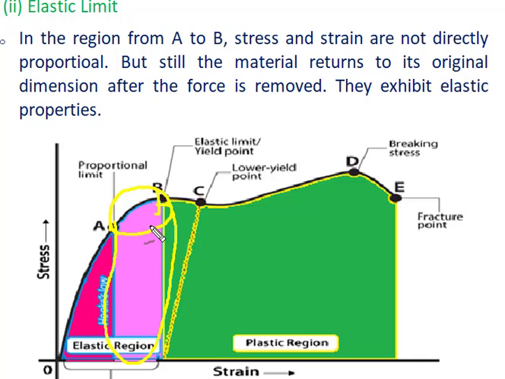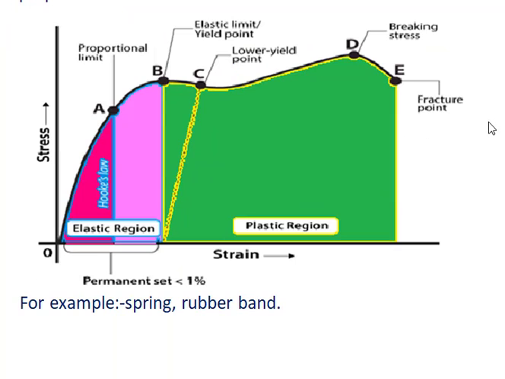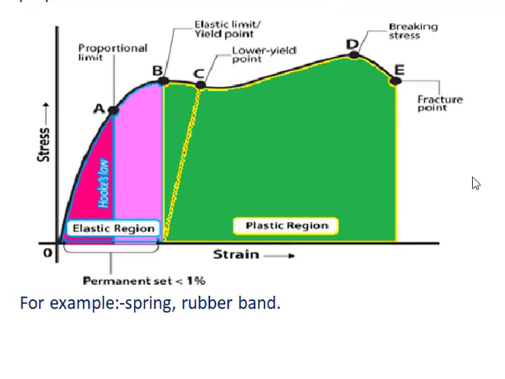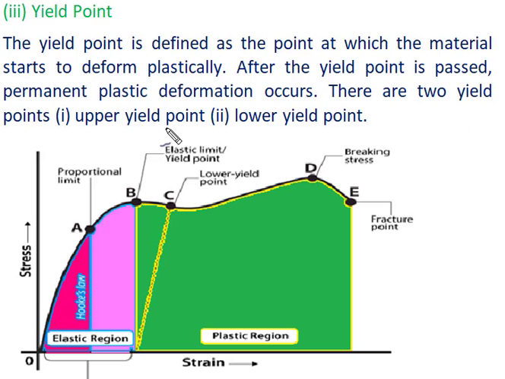So it also exhibits some elastic property, but the stress is not directly proportional to strain. Examples for this elastic limit area are a spring, rubber band and so on.